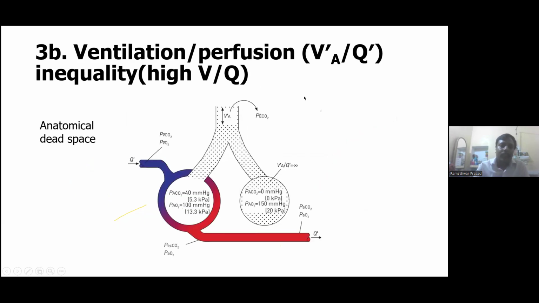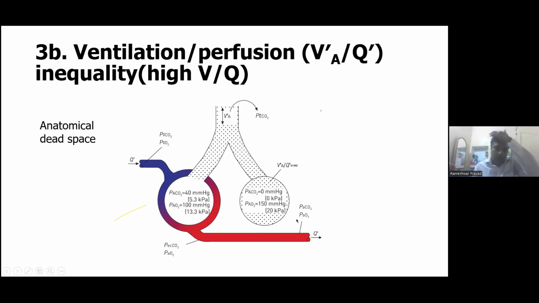Now, there is another situation where the ventilation perfusion ratio is very high. Again, there are two alveoli. One alveolus is well ventilated as well as well perfused. Therefore, PaO2 is normal, PCO2 is normal, and gas exchange is occurring very efficiently in this alveolus. Now, what is happening in this alveolus?